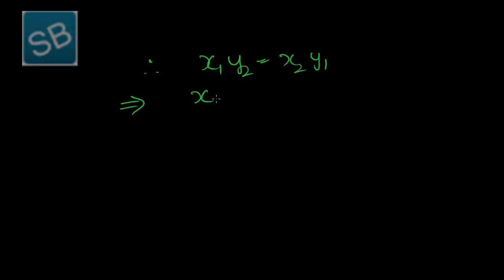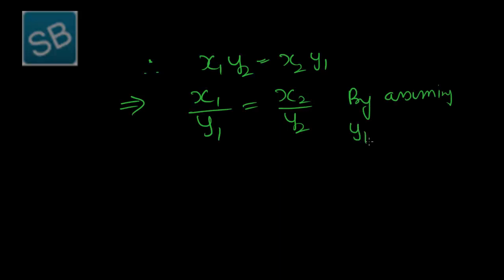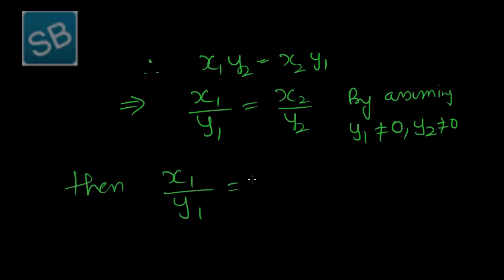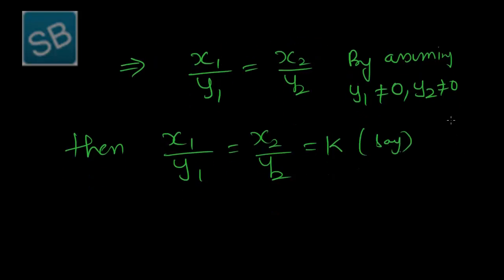That gives x1 over y1 equals x2 over y2, by assuming y1 not equal to 0 and y2 not equal to 0. Then we assume the ratio x1 over y1 is equal to x2 over y2, equal to a constant quantity k. Now we have to prove x1, x2, they are non-zero vectors.